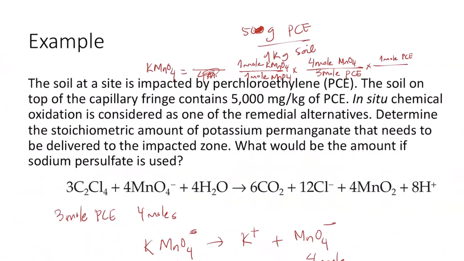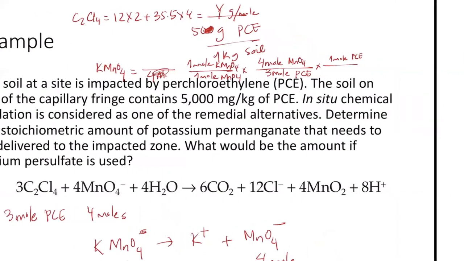So this is C2Cl4: carbon is 12 times 2 plus 35.5 for 1 chlorine times 4, whatever that number is. Let's say I'm just going to write Y gram per mole. That means Y gram of PCE.